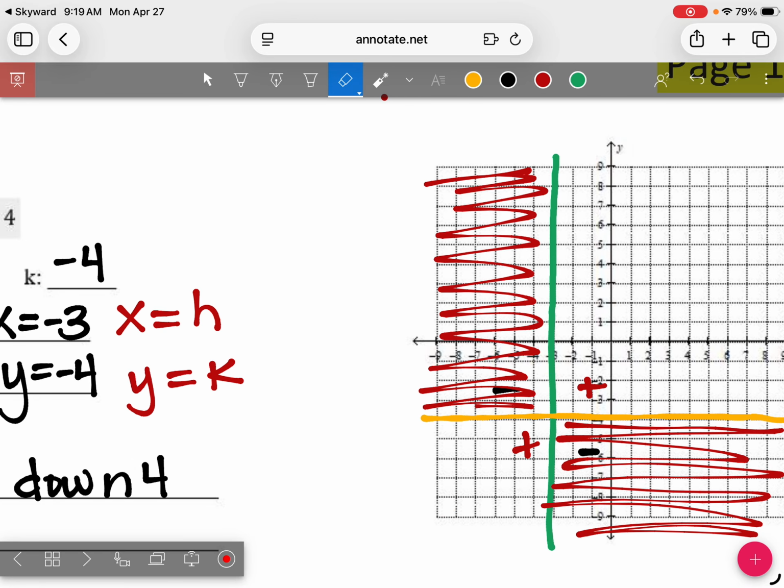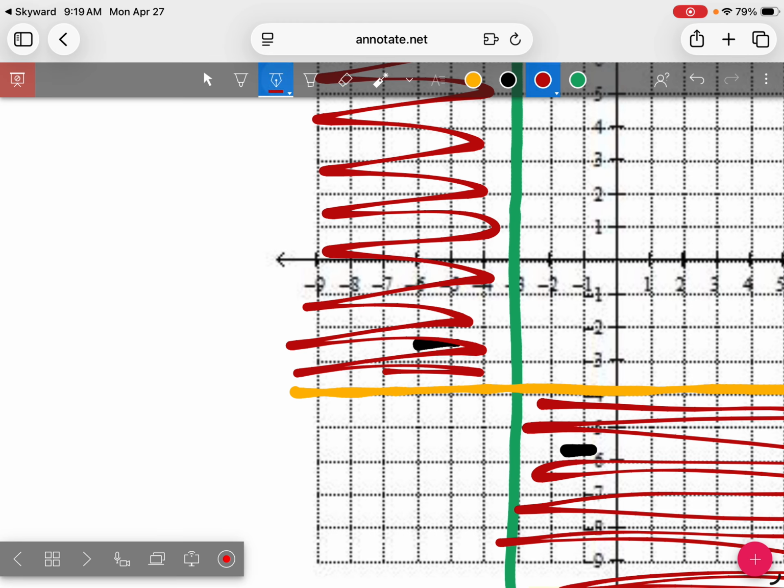Now because A is 1, I want you to put your pencil at the cross and you're only hopping up one time, but you got to take a step over. So from here, the asymptotes are off limits. I can't go left because that side is crossed out. So I have to start at the cross, go up one, and take one step in.